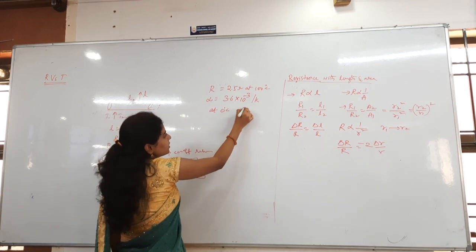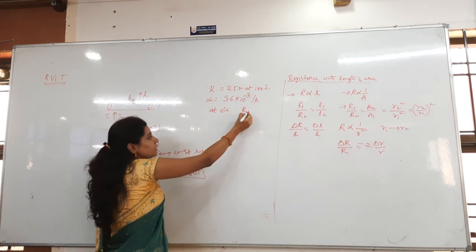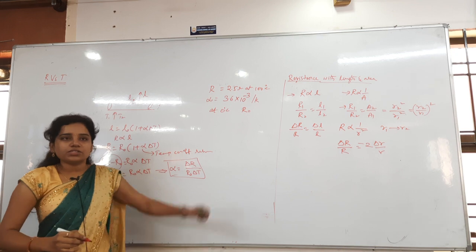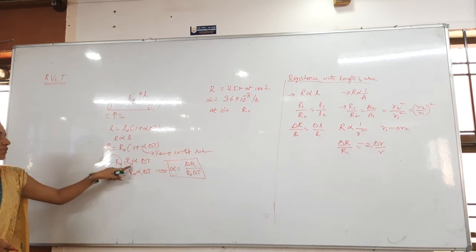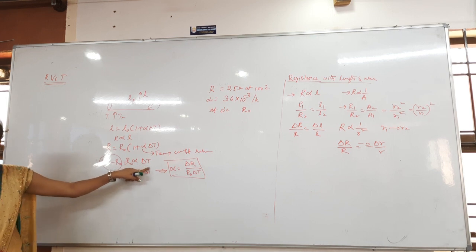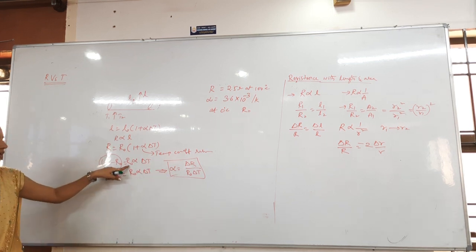So at 0 degrees Celsius, the resistance is R naught. What is our formula here? R minus R naught is equal to R naught into alpha into delta T. Otherwise, directly we can take this one. You want to find R naught finally.